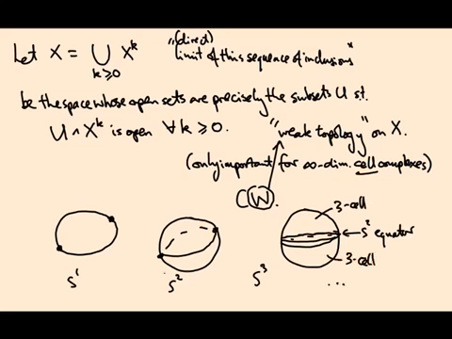Dot dot dot, and you can keep adding pairs of hemispheres to get higher and higher dimensional spheres, and so you can either stop at some point and you have the n dimensional sphere, or you can keep going and you get the infinite dimensional sphere, which you can equip with the weak topology. So that's just an example of the kind of thing you can construct with this sort of infinite construction.